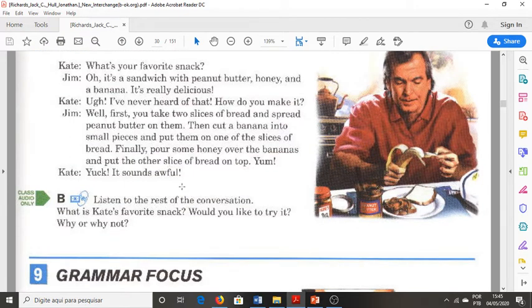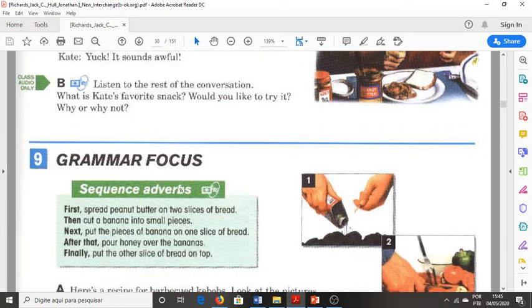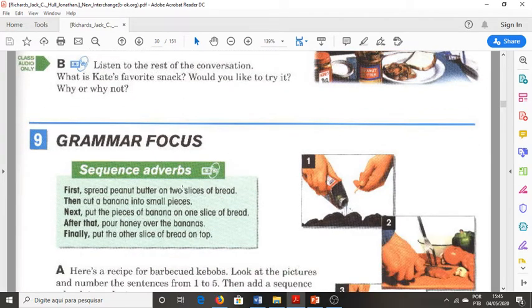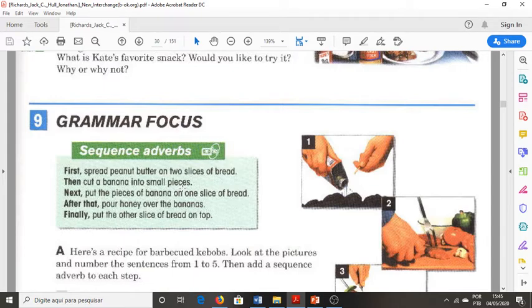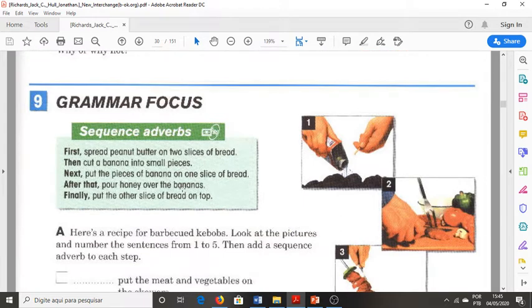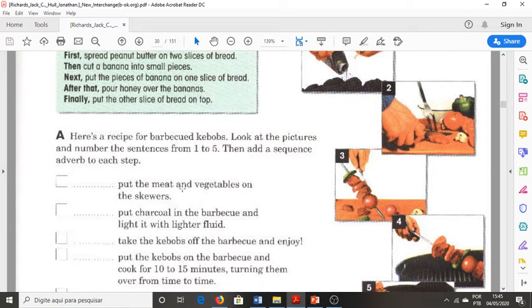Then a listening activity, which is the rest of the conversation. A grammar chart. Again, it's a short grammar chart. Repeating some sentences that were in the conversation, because as I said, the function of the conversation is to present the target language.